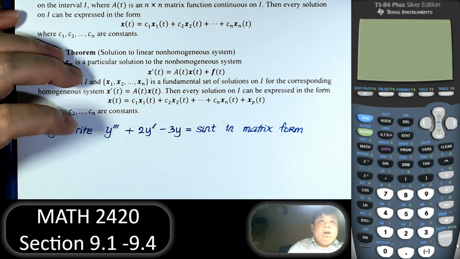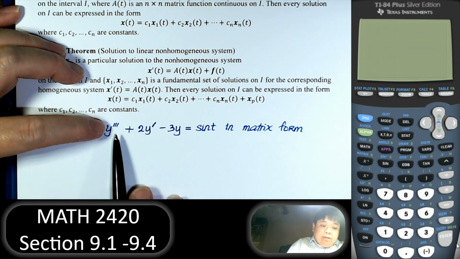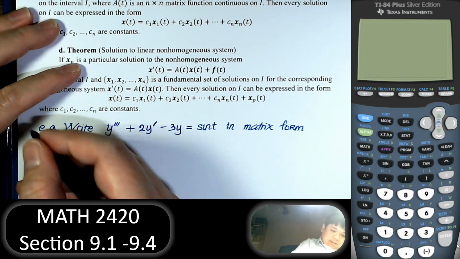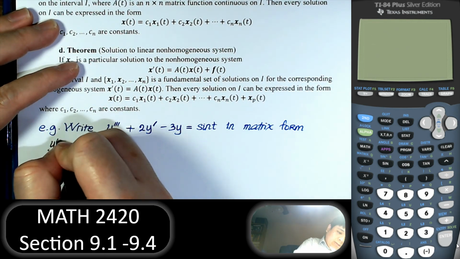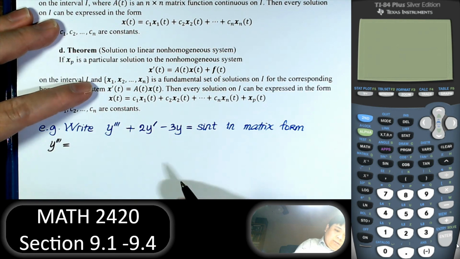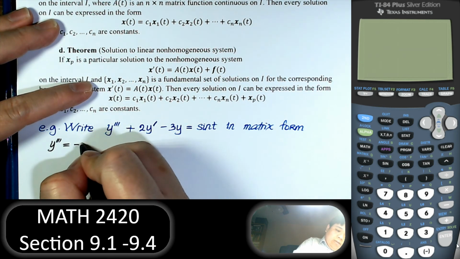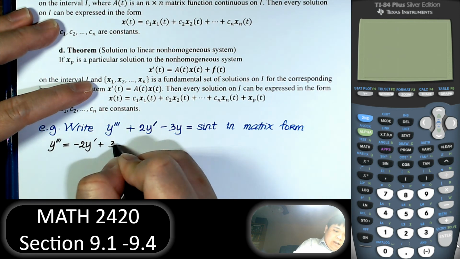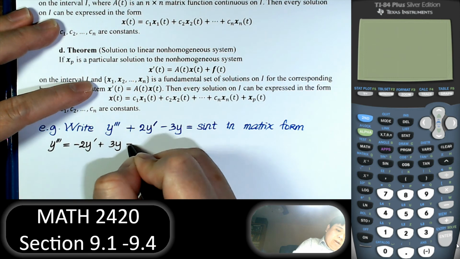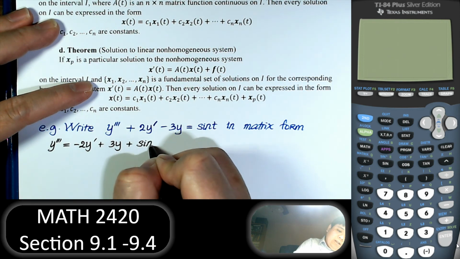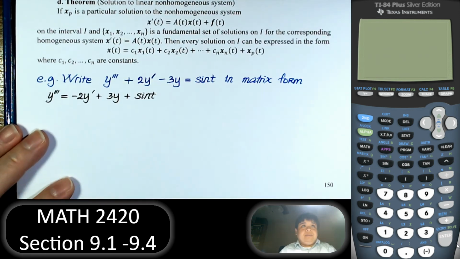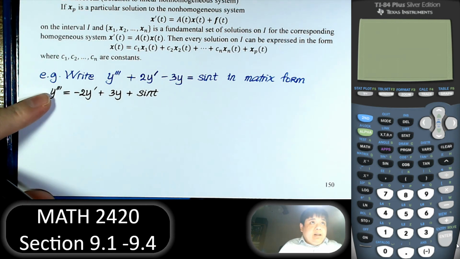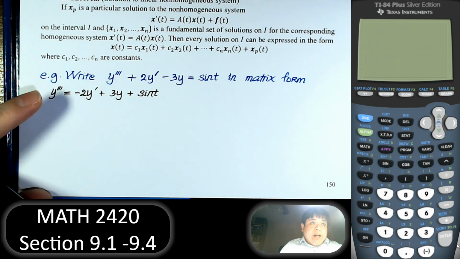Right, simple enough. What we do is first keep the highest order and move everything to the other side: negative 2y prime plus 3y plus sine t. Now what we need is the function and every derivative of order less than this.